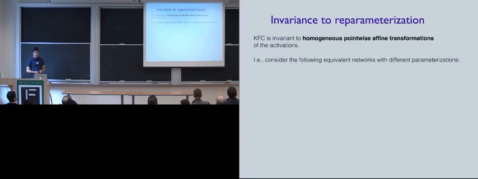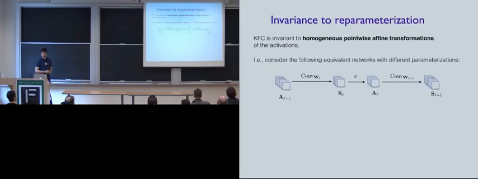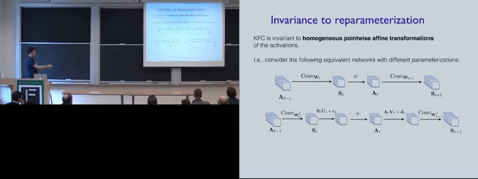And so it turns out that there is a class of reparameterizations that it is invariant to, in particular, homogeneous pointwise affine transformations. And so what this means is that if we have a part of a network here, so we have a convolution layer followed by a nonlinear activation function followed by another convolution layer, we can take this network and come up with a reparameterization by applying a linear transformation to the units in this layer before the activation function is applied, and then apply another linear transformation after it's applied.